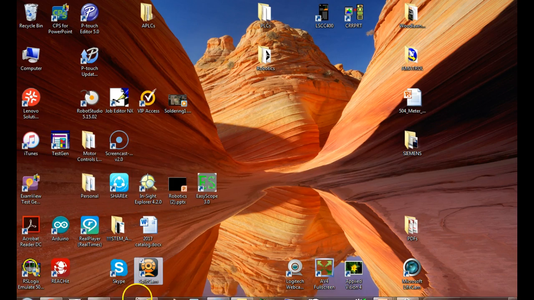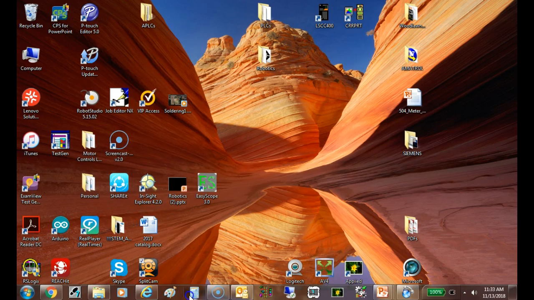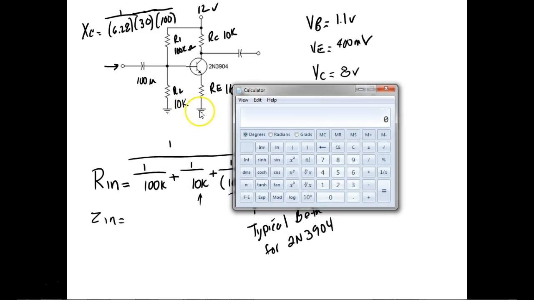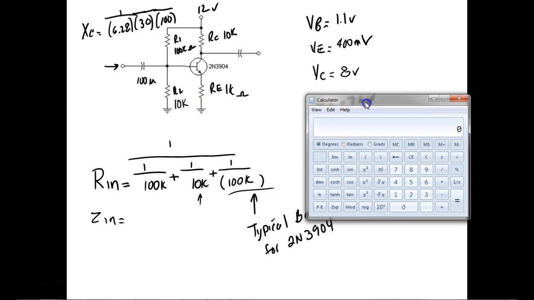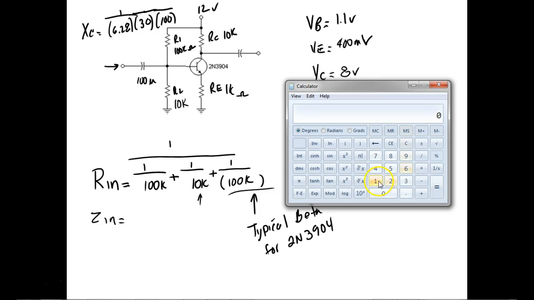What we got? Where did y'all run into this formula before? Where did y'all see this formula before? DC, right? You don't remember? This is the reciprocal of the sums of the reciprocal. This is the way we calculate total resistance in a parallel circuit. So that's 100 times 10 to the third.